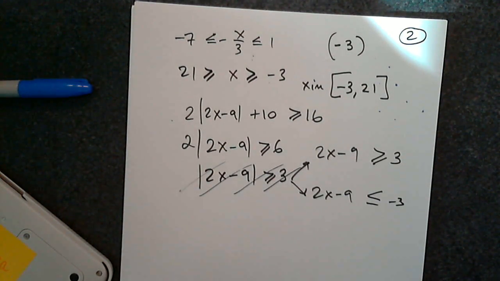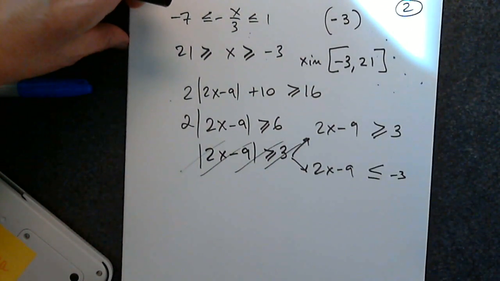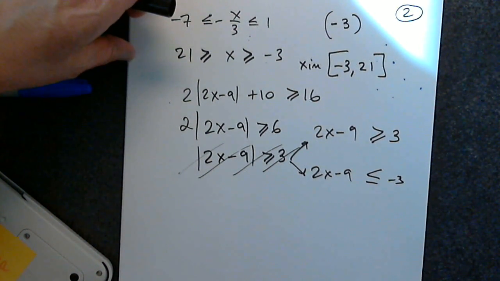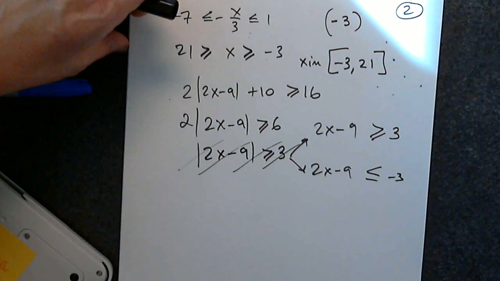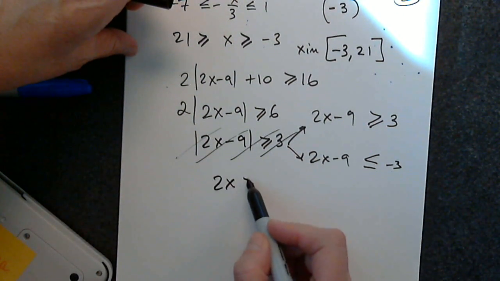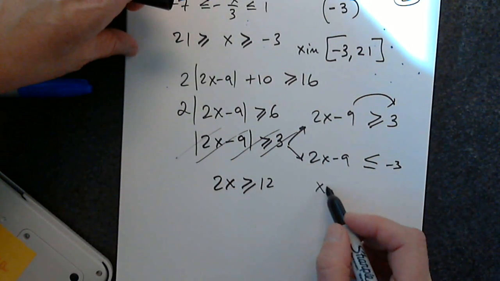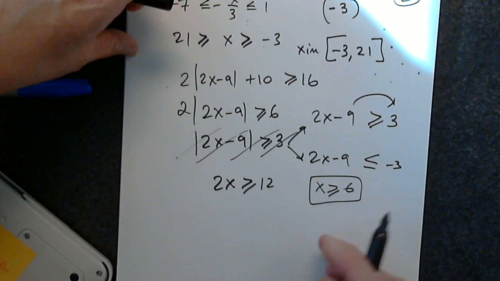Better? Okay. So you're going to get very experienced with this, but with practice. Just one or two examples is not going to be enough. Okay, so 2x greater than or equal to 12, because I move 9, and divided by 2, x greater than or equal to 6.